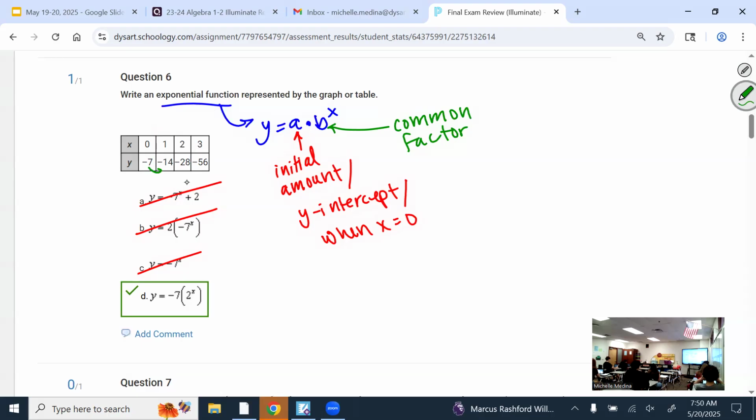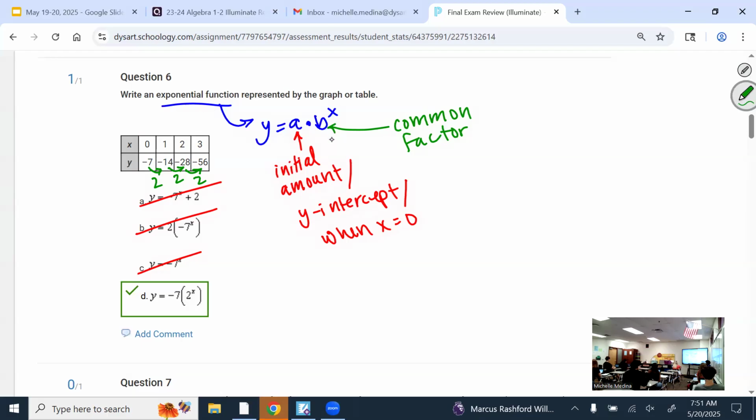So what times -7 is -14? And then see if that continues throughout. Is -14 times 2 -28? And if I keep multiplying, -28 times 2, is that -56? That is what needs to be attached to the x, the exponent in exponential functions.